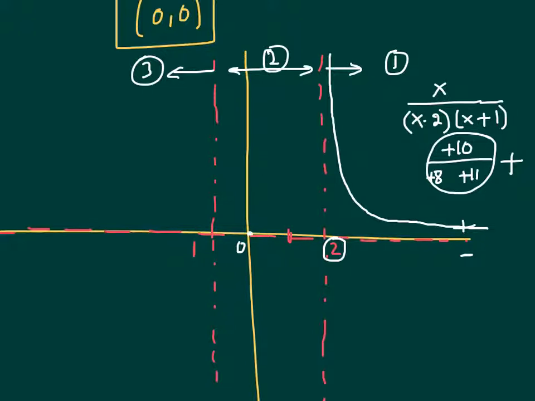Let's go to section 3, or region 3 if you will. I need you to pick a number smaller than -1, because we're going to graph in that region here. So let's say we pick -10. So if you plug -10 into the function x over (x - 2)(x + 1), if you put -10 on the top, it's negative. -10 minus 2 is -12, which is negative. -10 plus 1 is -9.